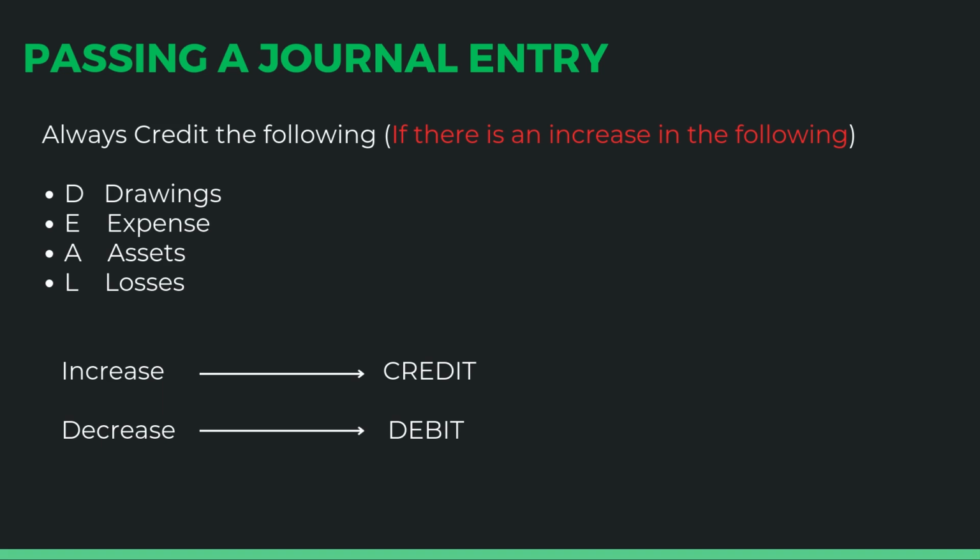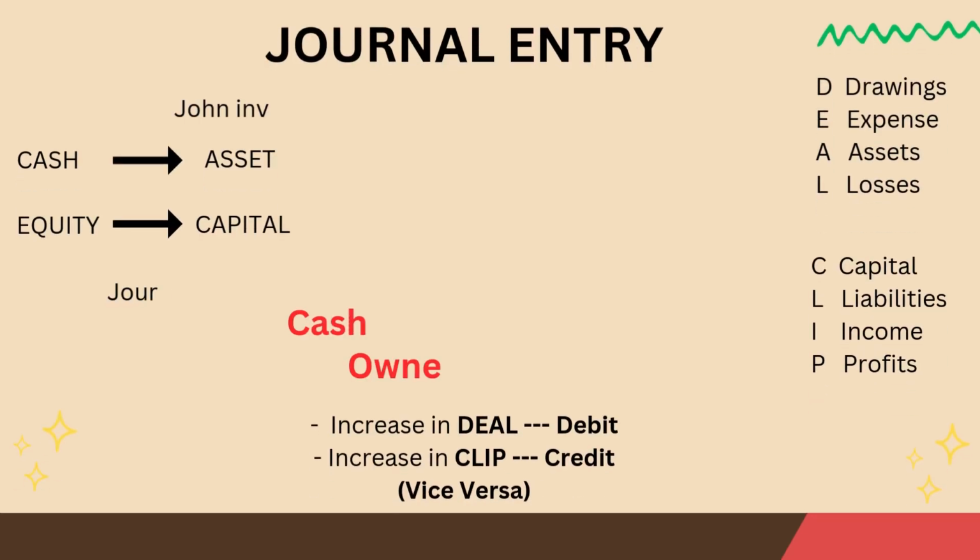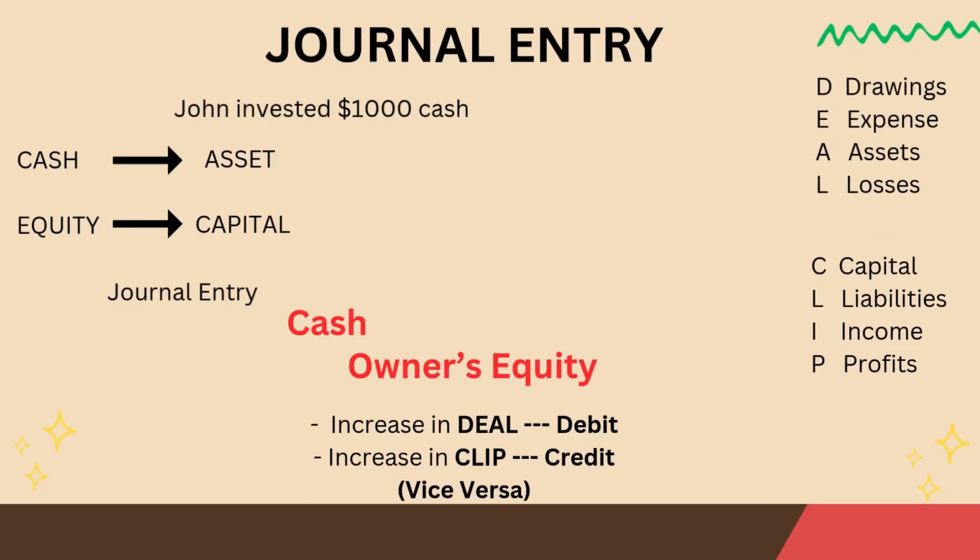Let's explore a few examples. John invested $1,000 cash as capital in his business. In this transaction, one element of accounting will be debited and one element will be credited. Well, those two elements are asset and capital in the form of cash and owner's equity.